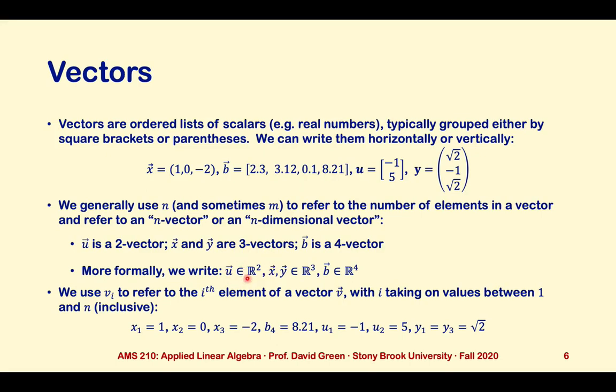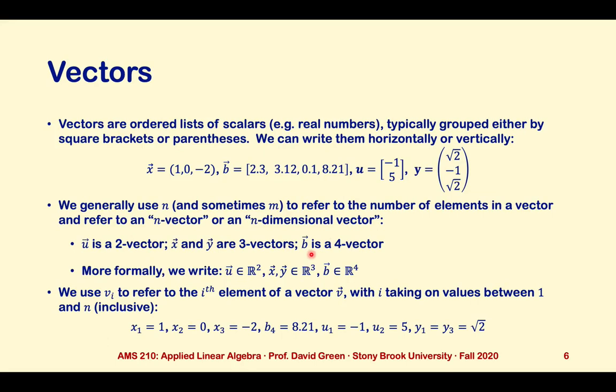This notation can be read simply as R2, meaning the set of two-dimensional vectors, or length 2 vectors with real numbers. x and y are elements of R3, the set of length 3 vectors or 3-element vectors with real elements. b is an element of R4, the set of vectors with 4 real elements.